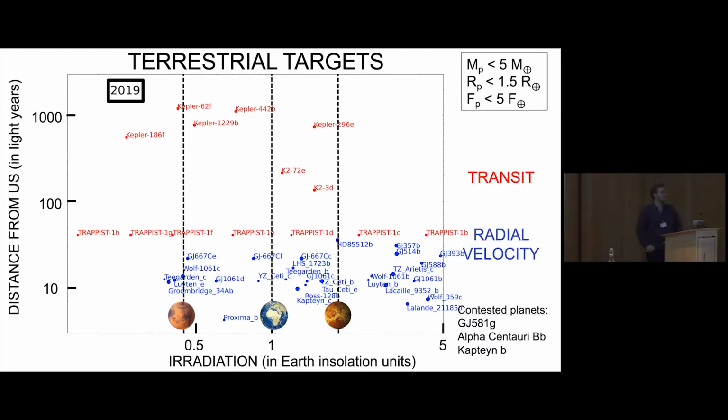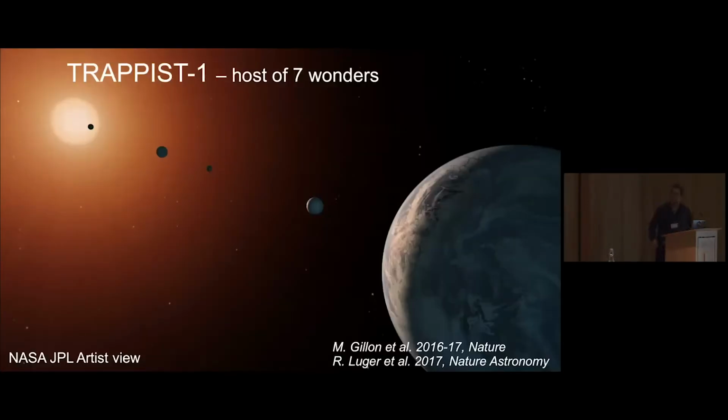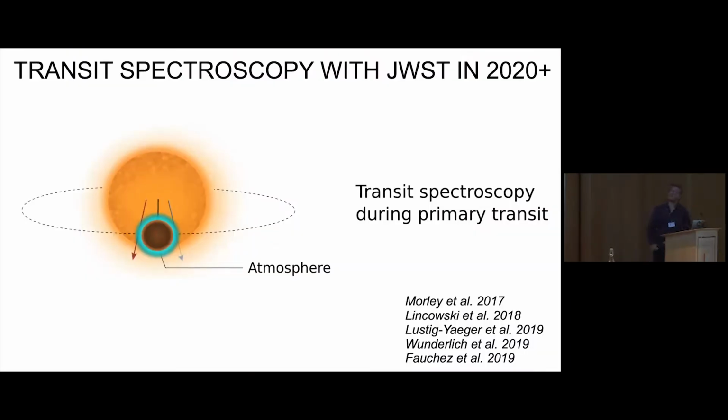But very luckily, a few years ago, some Belgian astronomers discovered a fantastic system, the TRAPPIST-1 system, a super nearby system that may be suitable, not only because of its proximity, but also because the type of star is very special, an ultra-cool dwarf star, for techniques such as transit spectroscopy. And this is particularly promising in the context of the James Webb Space Telescope.